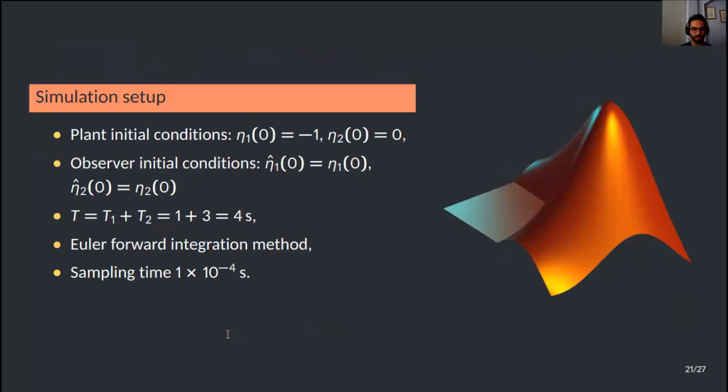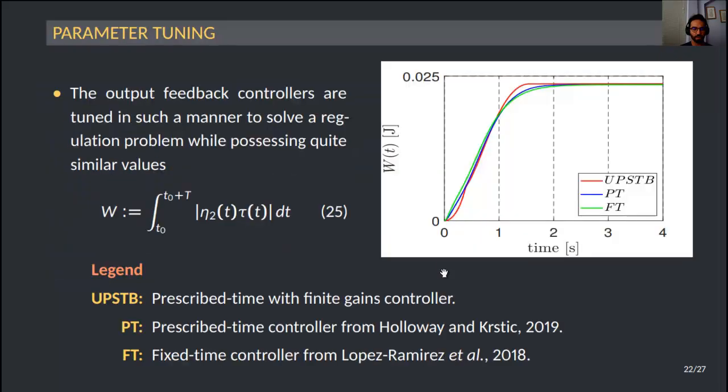The simulation setup is then in this slide, where the prescribed time capital T is set as 4 seconds. To ensure a proper comparison, the parameters are tuned so that the three controllers, which we are defining with this notation, perform with a similar job defined in this equation, and I'm showing that they are actually performing with a similar job in this figure.